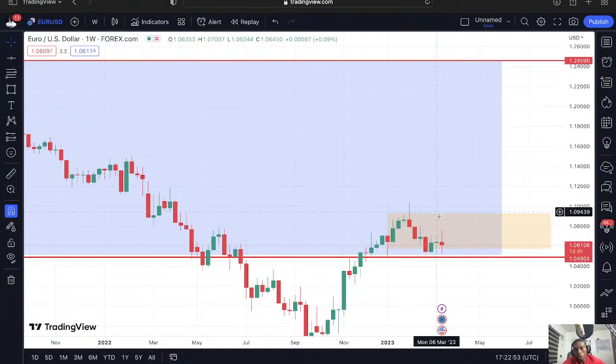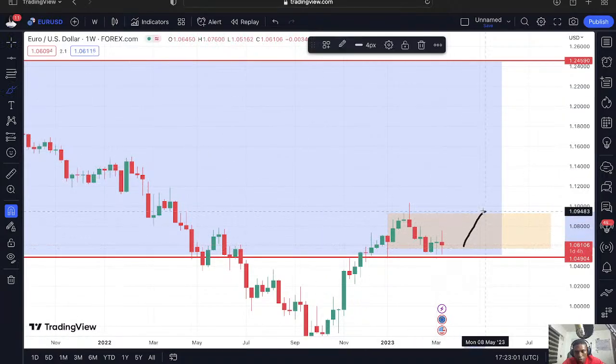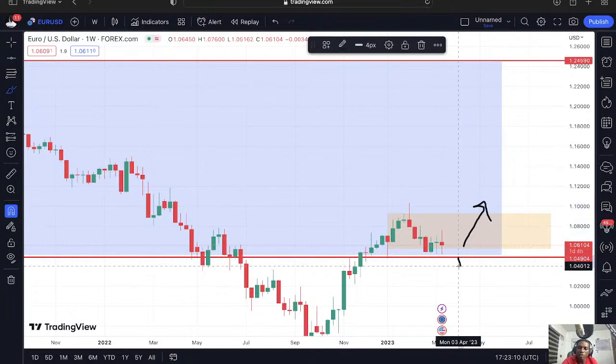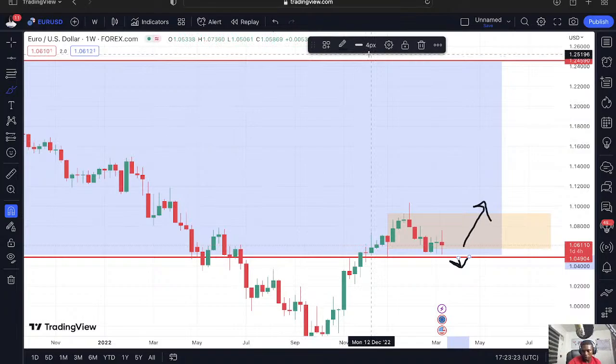So what will happen now is, when price breaks out of this level, it's a confirmed buy, and when price breaks out of this level, it's a confirmed sell. Either way, you have to wait for confluence.